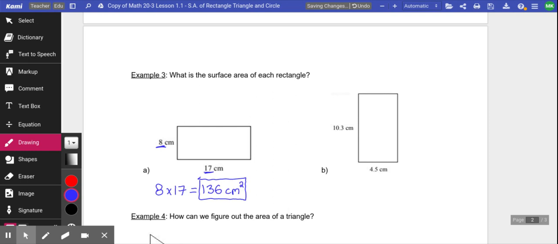The very last one, we've got 10.3 times 4.5 equals, and again, too hard for me, 46.35 centimeters squared.